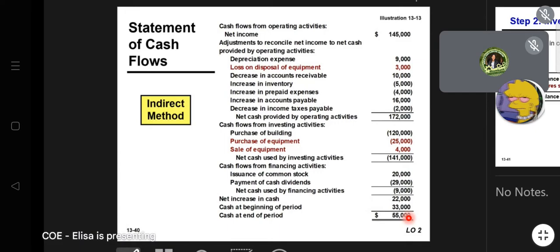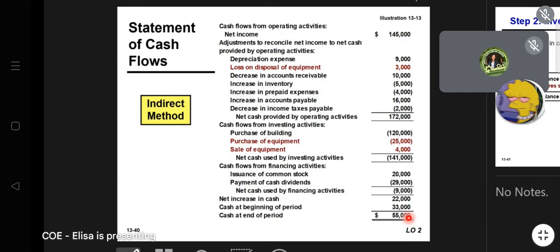Activity 16 is almost complete from the very beginning: from the journal to the ledger, then the trial balance, then the worksheet, then the adjustments, then journalizing the adjustments, then the closing entries and the post-closing trial balance. So that completes our activities, our lessons.